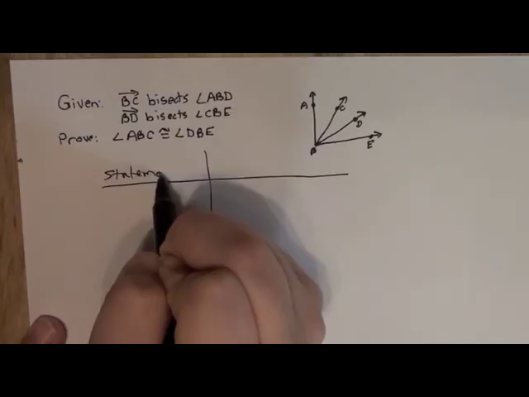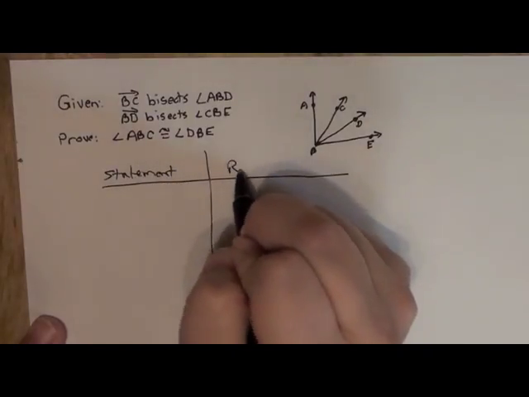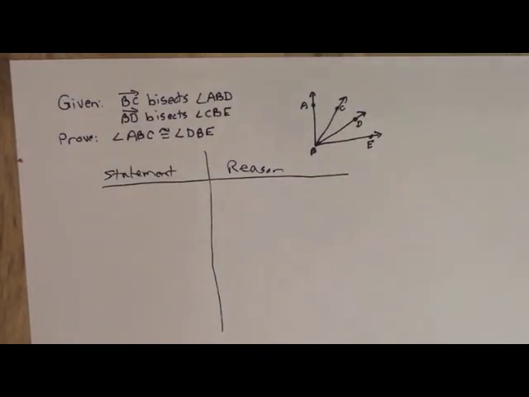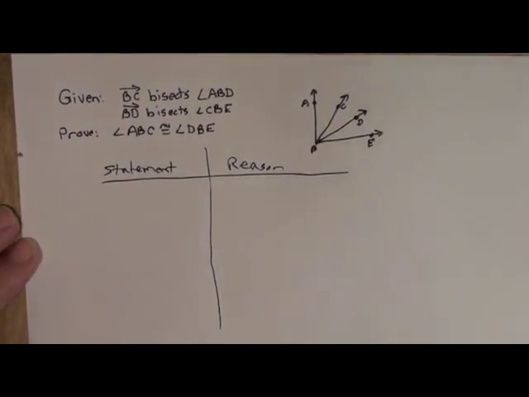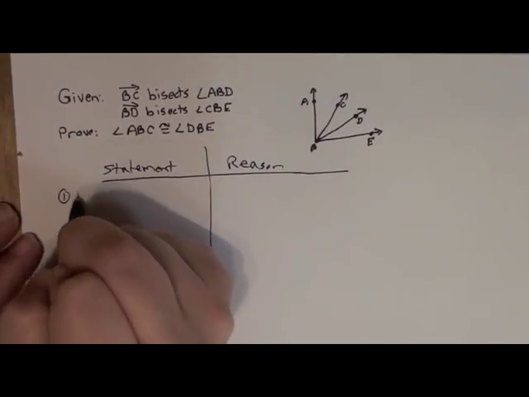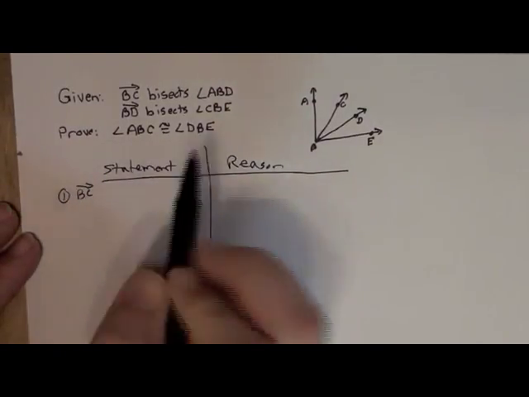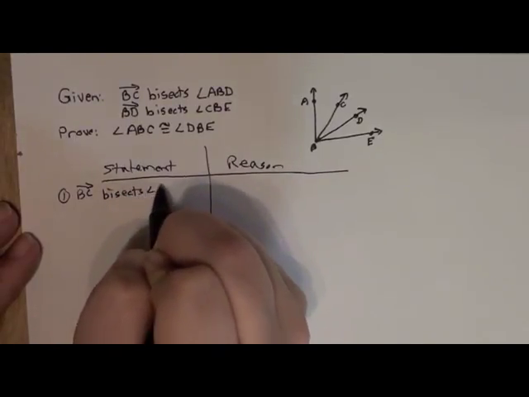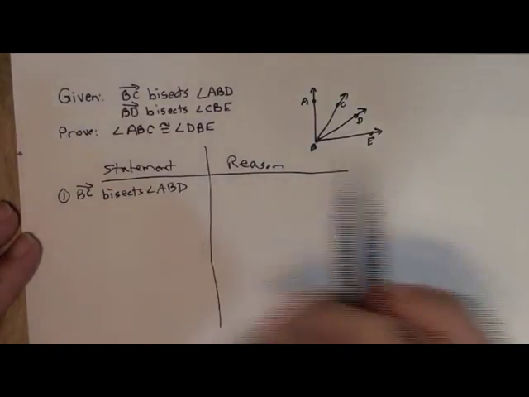Statement and reason. All right, the statements can always start with the givens. So, statement 1, ray BC bisects angle ABD.